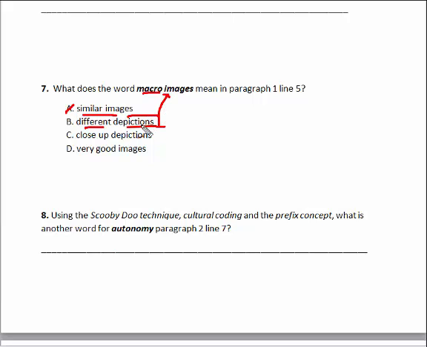That actually is correct for depictions, but different, that is wrong. Close-up depictions, we know depictions is like an image, so that's good. And macro, close-up, when you have a close-up of something, take a wild guess what happens. It's big. Very good images, that's wrong. It's going to be C. Close-up images are big. Macro. 7, C.